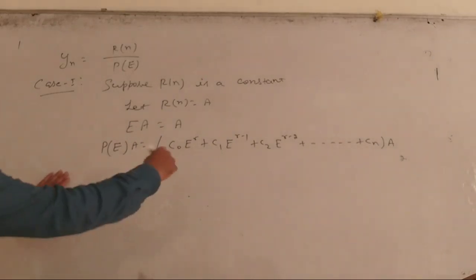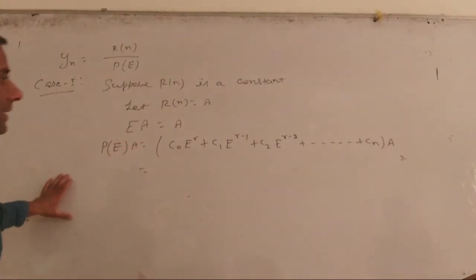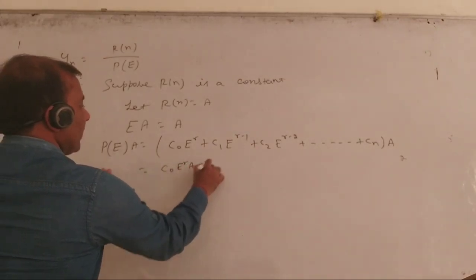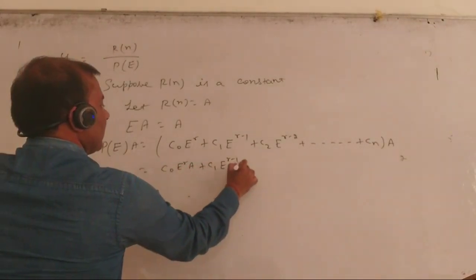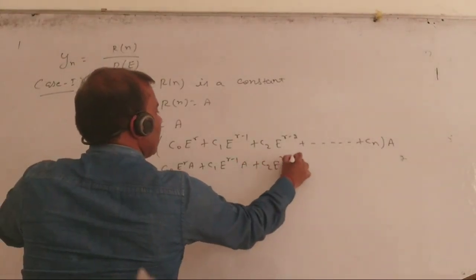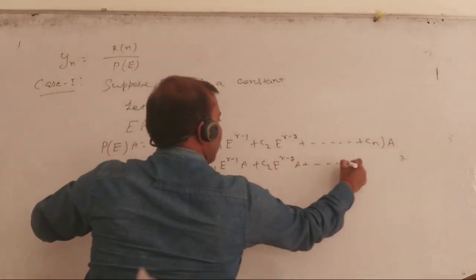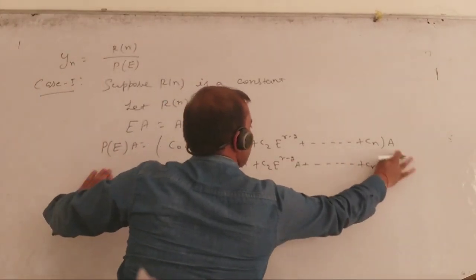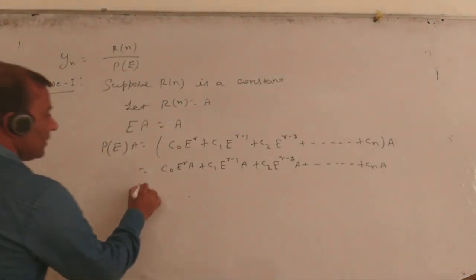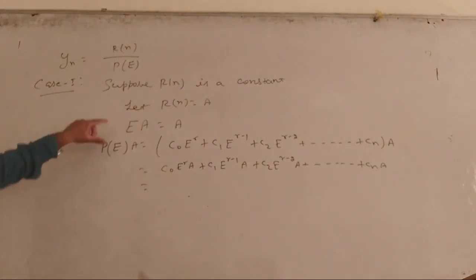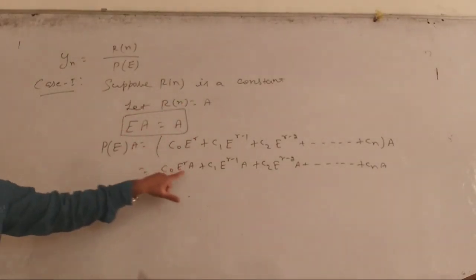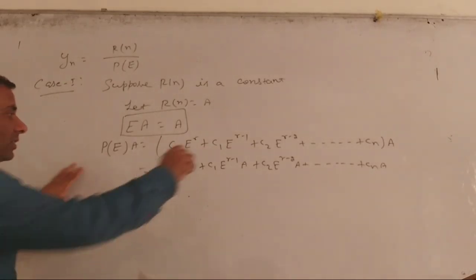When we multiply this, it becomes C0 E^r into a plus C1 E^(r-1) into a plus C2 E^(r-2) into a and so on, plus Cn into a. According to our previous theorem, when we operate E on any constant, it is just the constant.